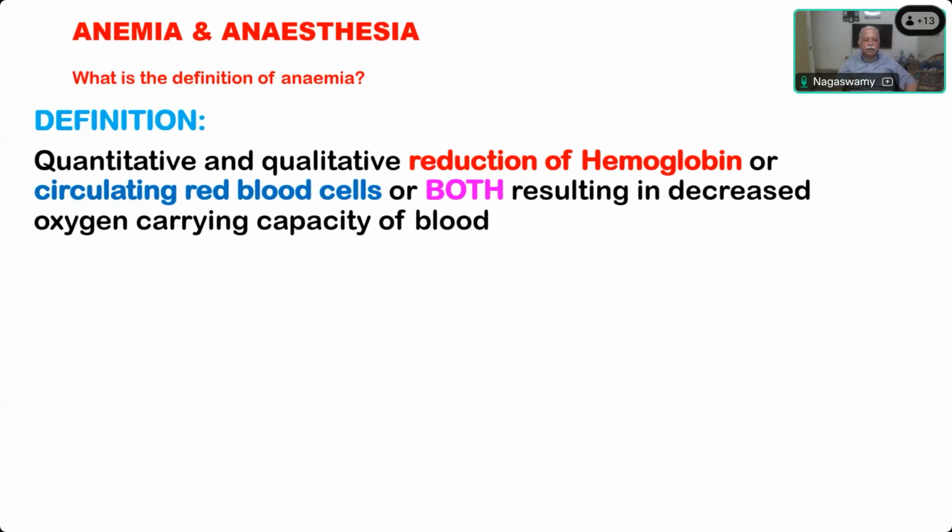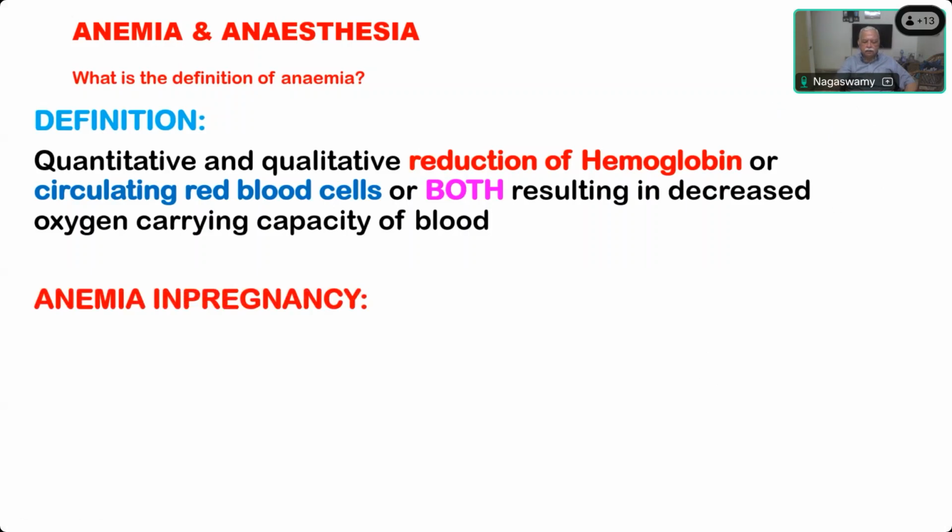So it may be a quantitative or qualitative reduction of hemoglobin or circulating red blood cells, or it may be a defect in both, resulting in the functional status, the decreased oxygen carrying capacity, because hemoglobin's main purpose in the body is to carry oxygen to the tissues. So it should ultimately result in a decrease of oxygen carrying capacity.